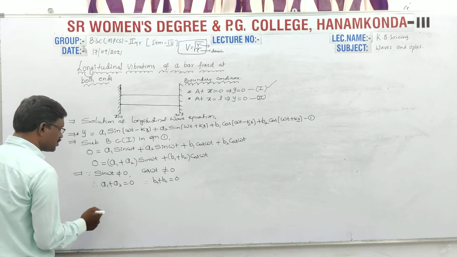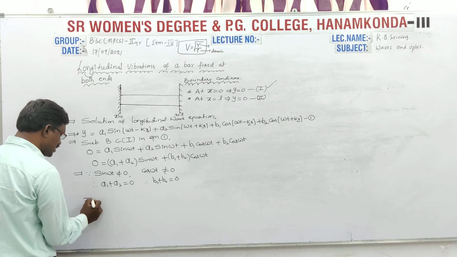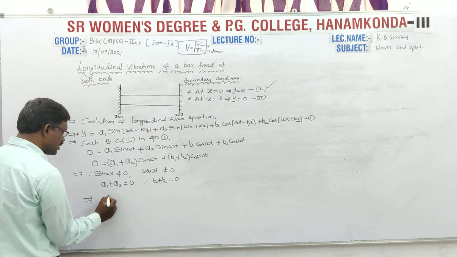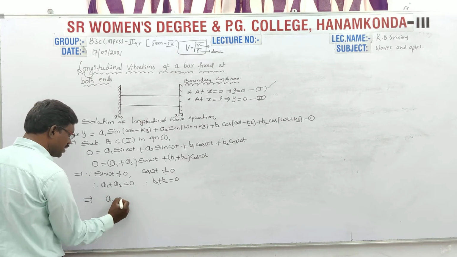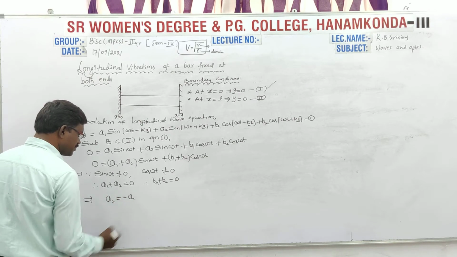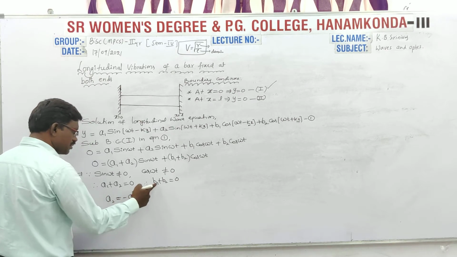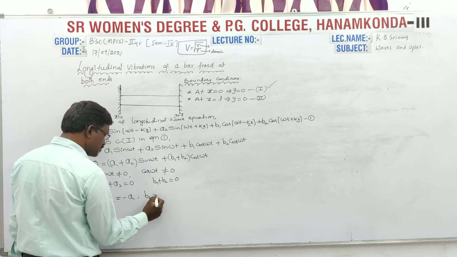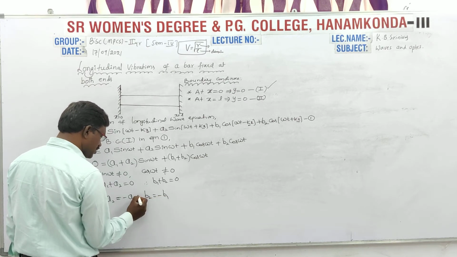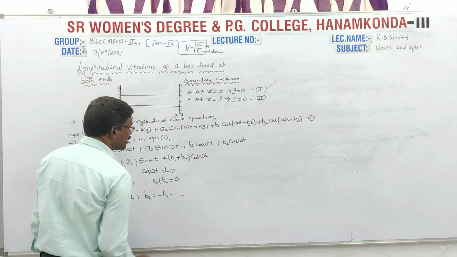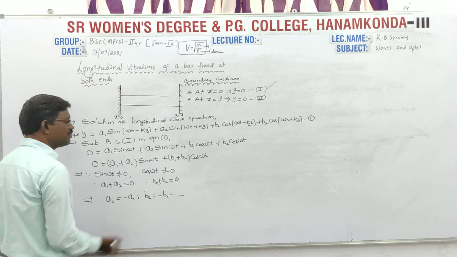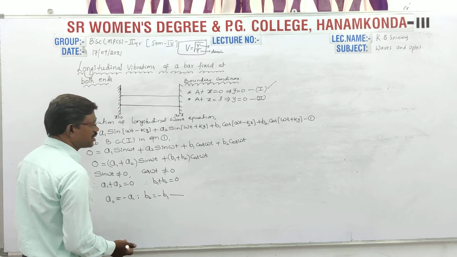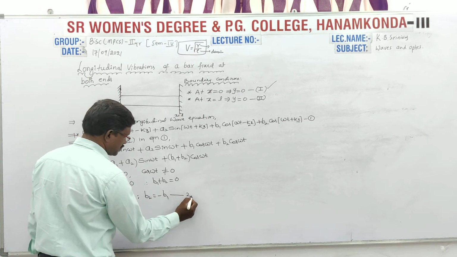From these two equations, you will get one relation between a1 and a2: as a2 is equal to, just take a1 from LHS to RHS, minus a1. Similarly, b2 is equal to minus b1. So we have one relation between a1 and a2, b1 and b2. Let this be equation number 2.